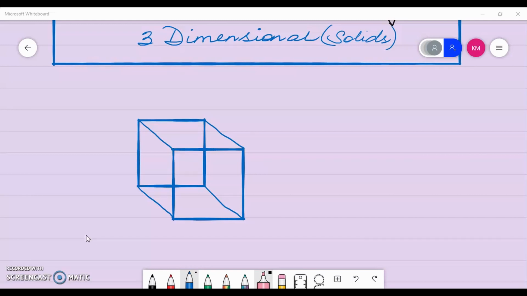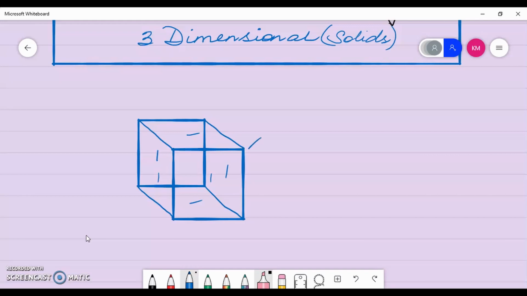So by definition, a face is any flat surface of a solid. Let's count our faces. There's one at the back, there's another one at the front, there's one at the top, one at the bottom, one at the side, and another one at the side. So there you have it, 6 faces.